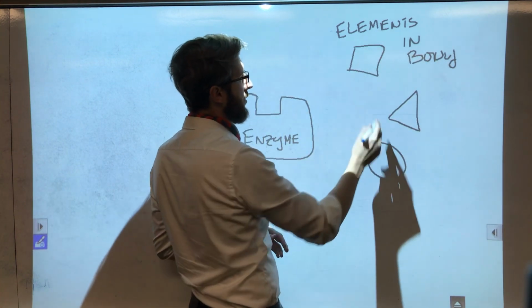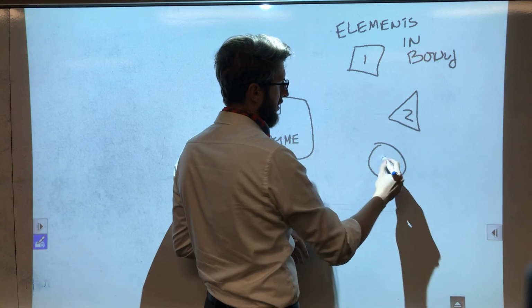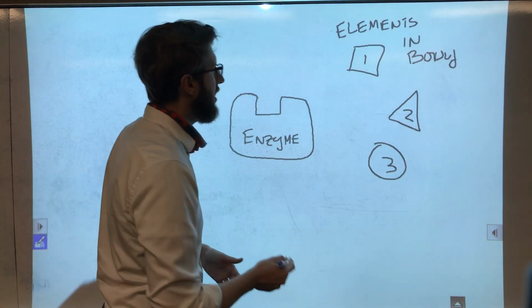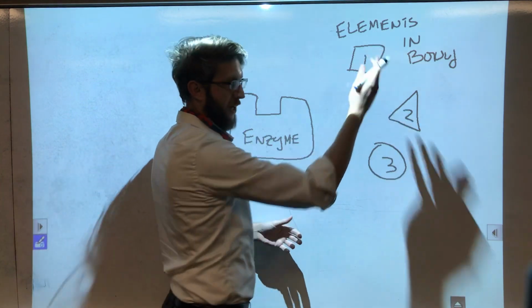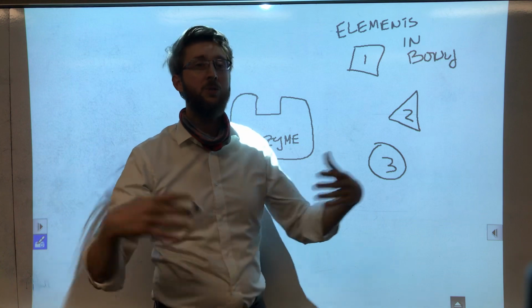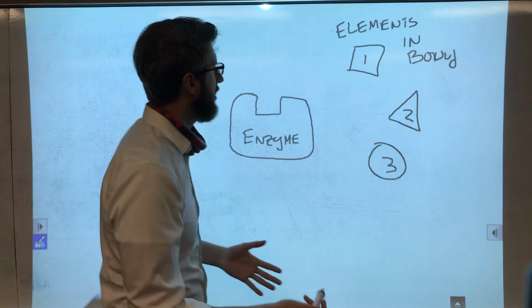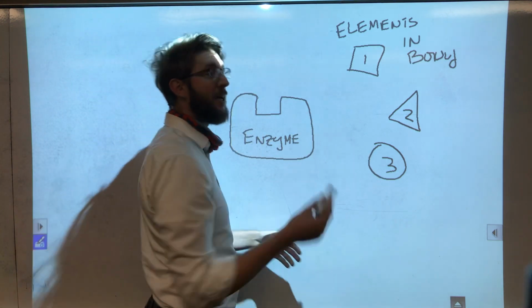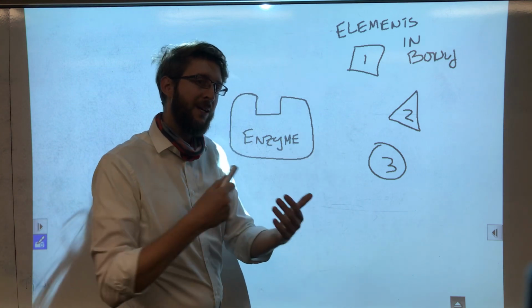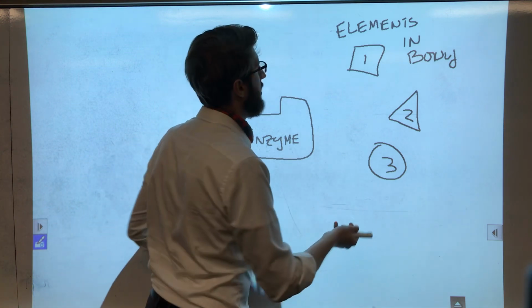So here's an element, here's an element, here's an element. Okay? And what enzymes do is they take some elements in your body and they change them into something new. So, and they make it happen faster. Remember, by lowering the amount of energy that you need to do it.